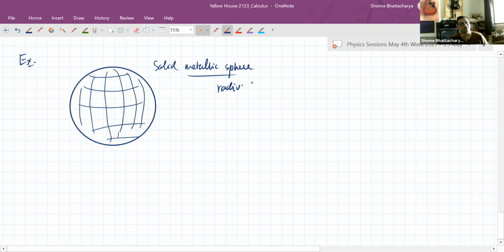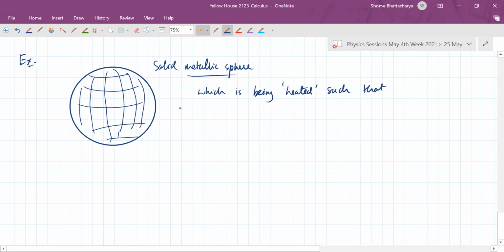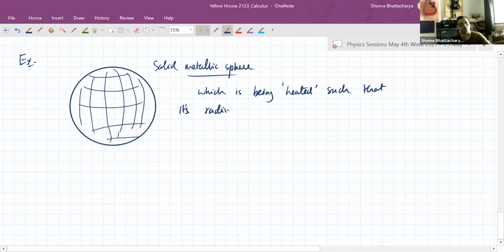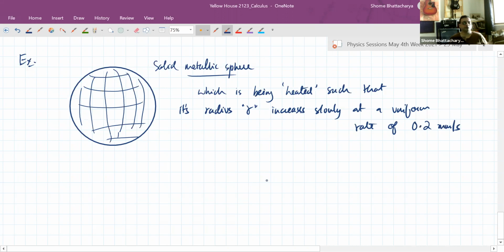Of radius r to start with. Now the solid metallic sphere which is being heated such that its radius r increases slowly at a uniform rate of 0.2 millimeters per second.